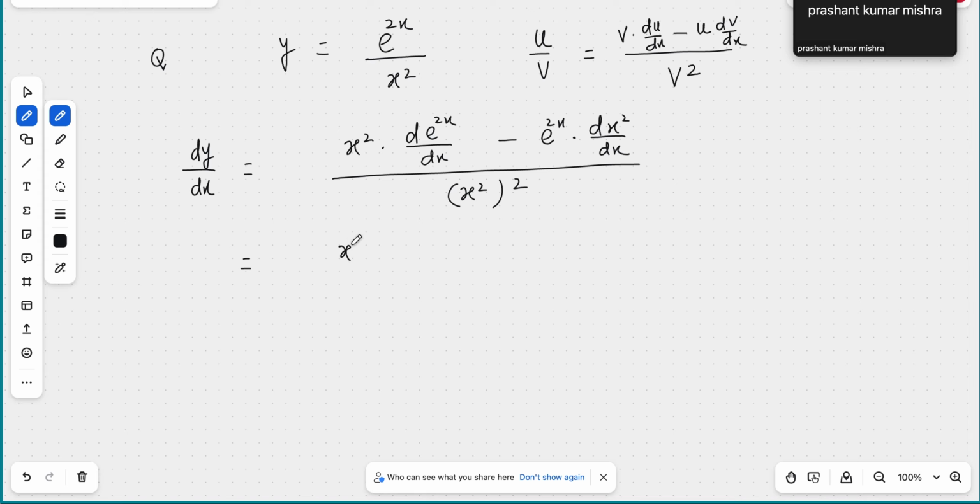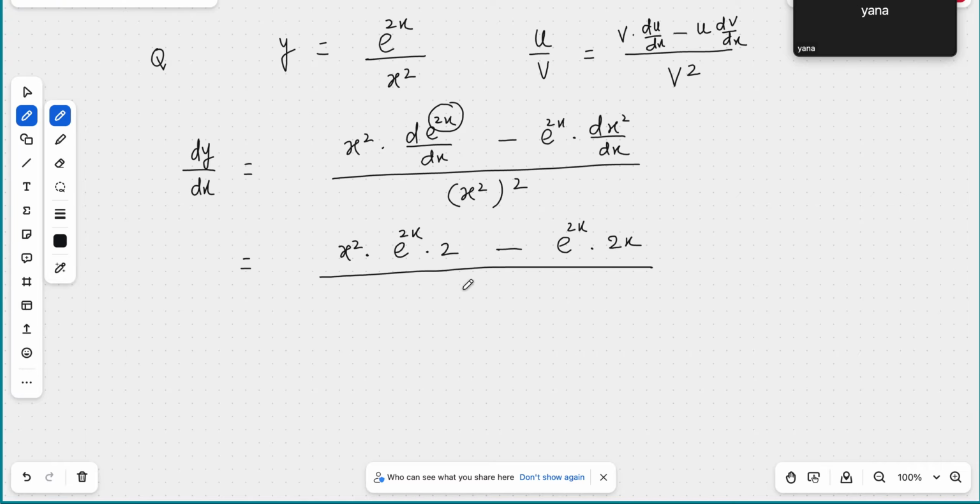So this will be x square, the derivative of e raised to the power 2x is 2, e will be as it is, then the derivative of 2x will be 2, then minus e raised to the power 2x, and the derivative of x square will be 2x, divided by x raised to the power 4. Got it? Yes, sir.